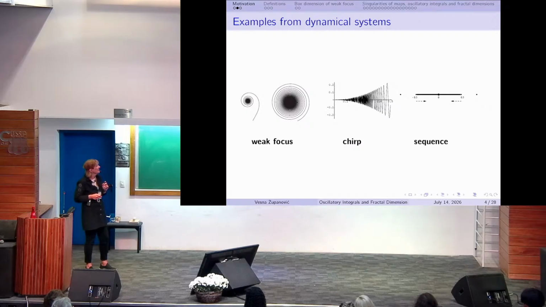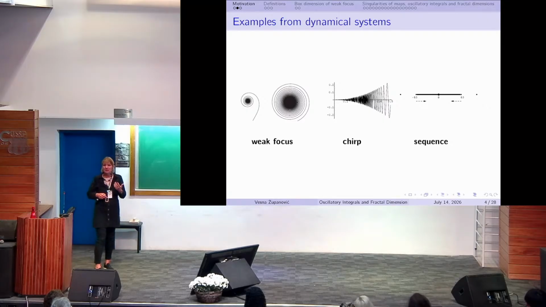Chirps. From Tricot's book, we obtained these two formulas for box dimension, which will be defined soon, for these two objects. Chirps are related to oscillations going to the origin.